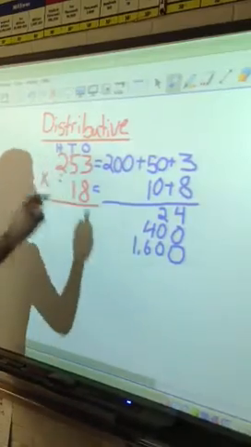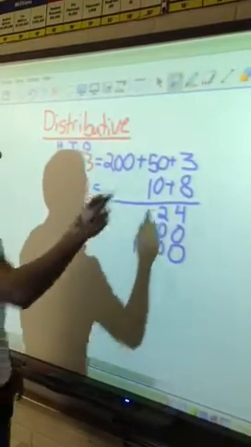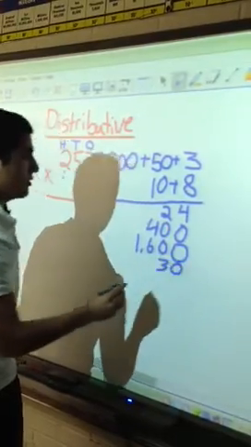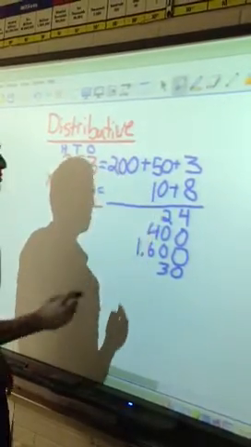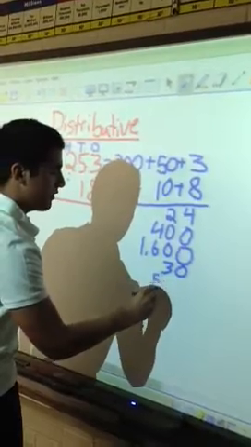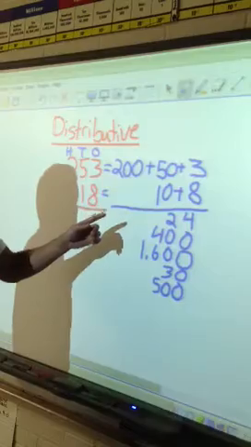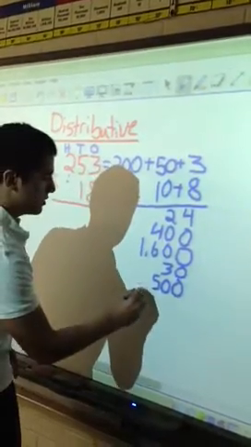And then now we multiply all top numbers by 10. 3 times 10 is 30. 50 times 10 is 500. And 200 times 10 is 2,000.